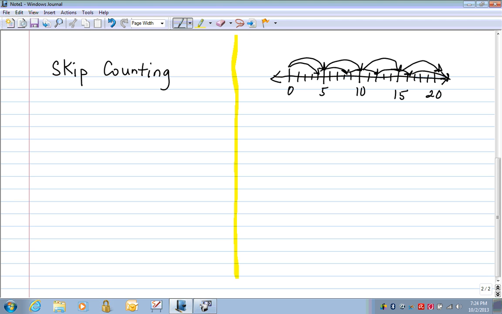Okay, that's two ways of skip counting. The first one I did 5 plus 5 plus 5 plus 5 equals 20. The second way I did 4 plus 4 plus 4 plus 4 plus 4, which also equals 20.